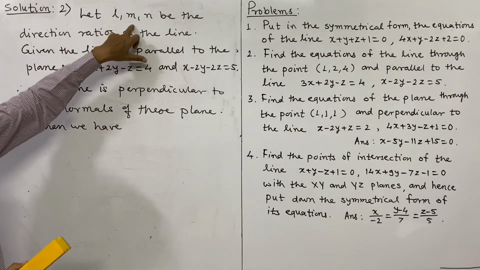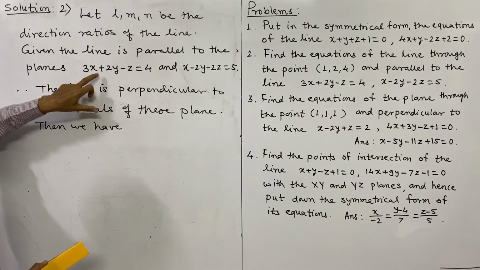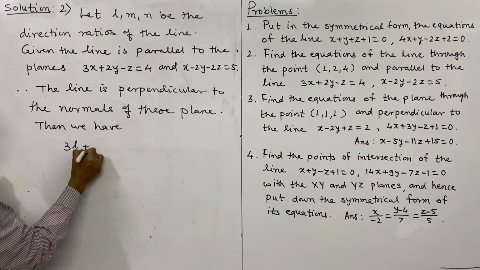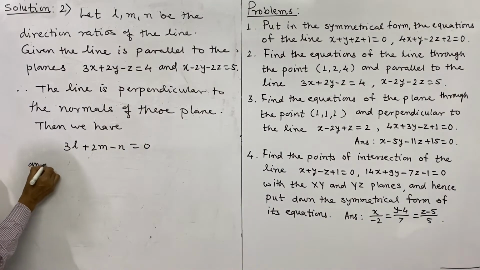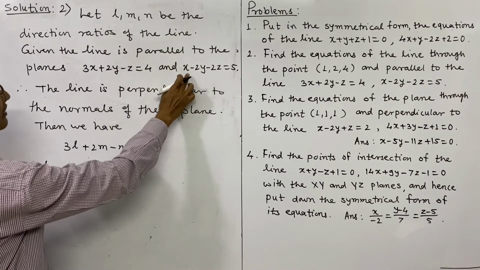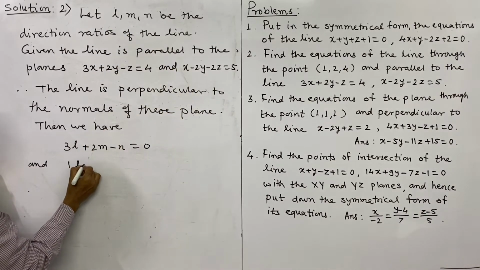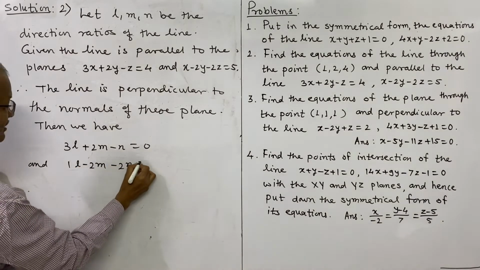The direction ratios of the line are L, M, N. The direction ratios of the normal are 3, 2, -1. So that gives 3L + 2M - N = 0. And the second gives 1 into L, minus 2 into M, and minus 2 into N is equal to 0.